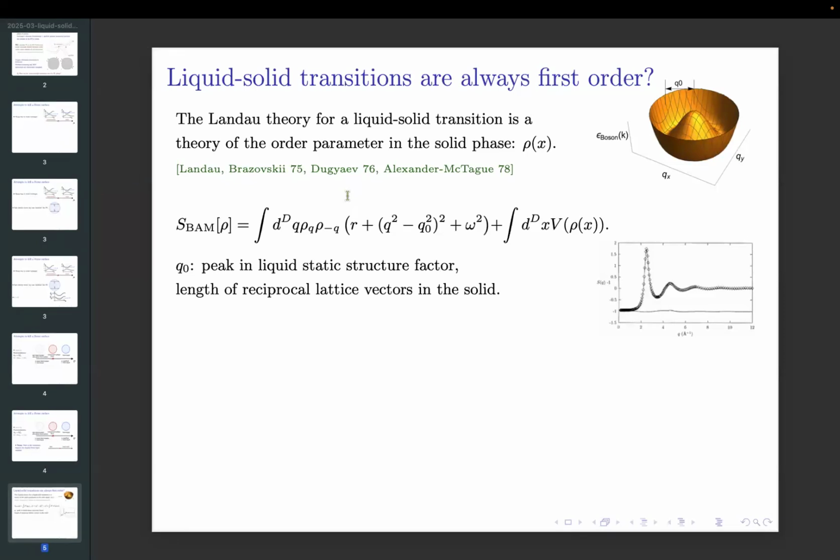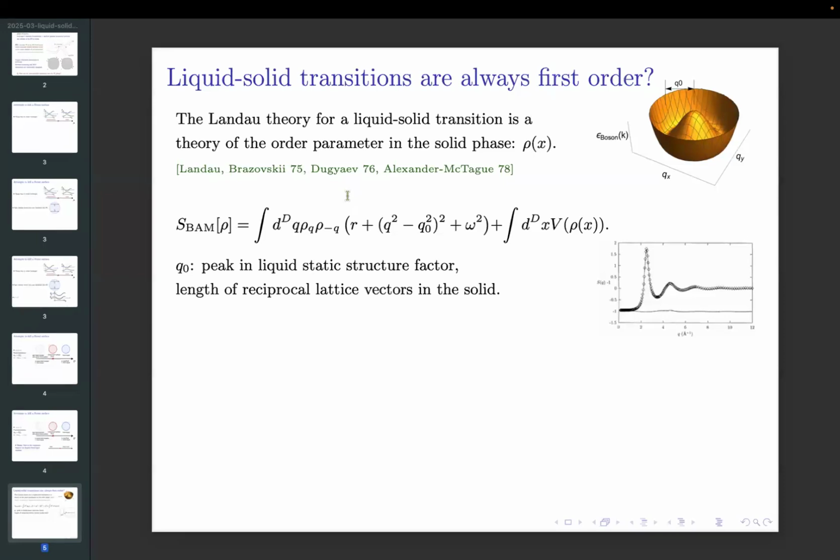A little more about this. Within the liquid phase, you can already see that there should be such a ring of minima in the boson dispersion relation, because think about the static structure factor, meaning the 2-point function of this boson. In a liquid, it looks like this: there's a big peak at the average separation of the atoms, and this is basically the inverse of that.